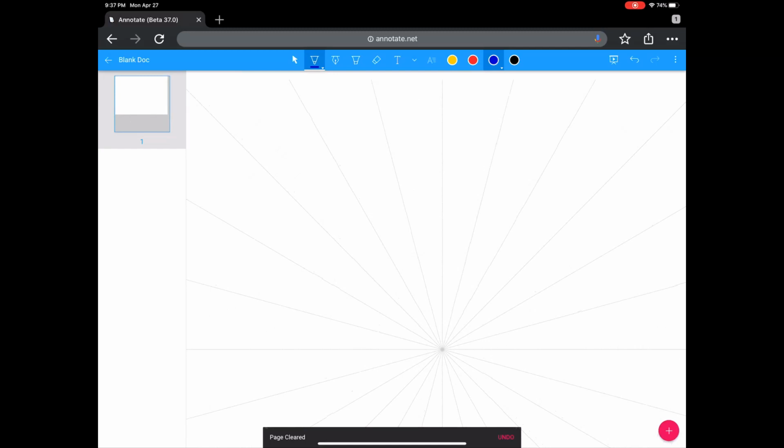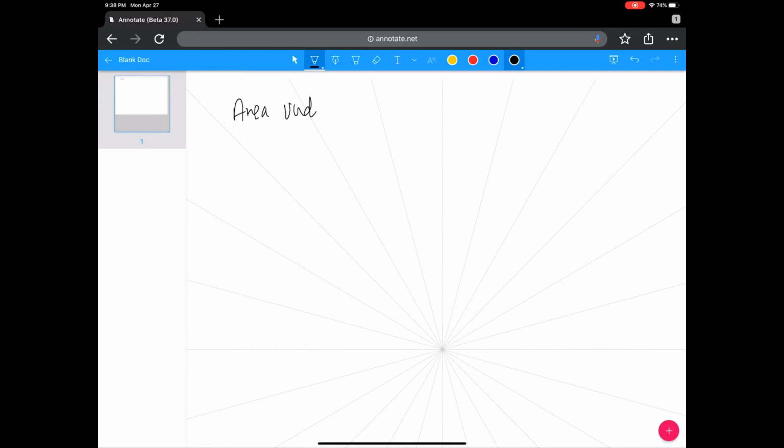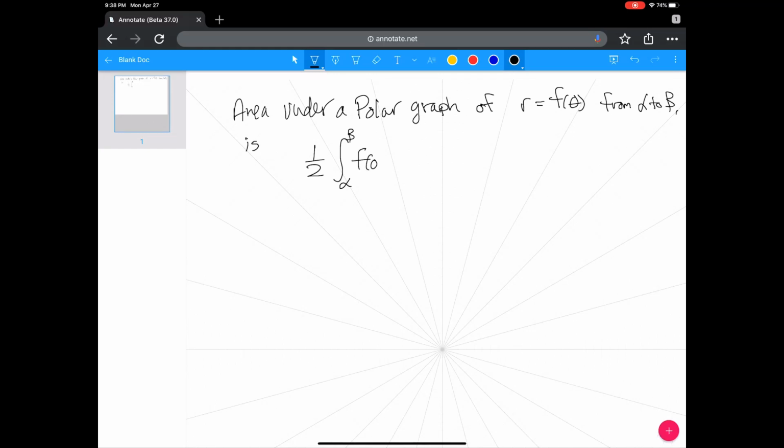What we just came up with, at least for a single function, and we could also use it for the difference between two functions if we need to, is that the area swept out by a polar graph of r equals f of theta from alpha to beta is 1/2 times the integral from alpha to beta of f of theta squared d theta. So fairly simple, and then of course we can use the difference if we need to.